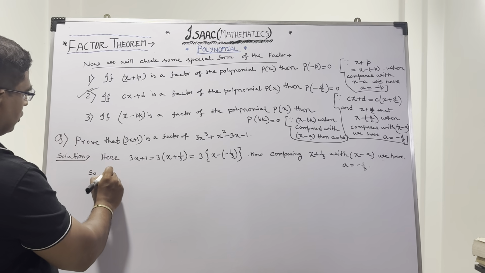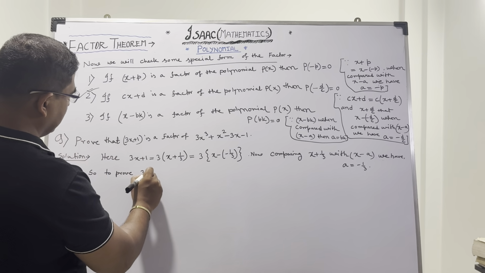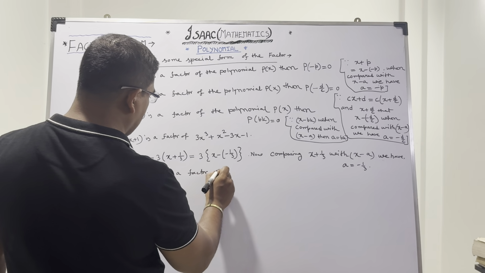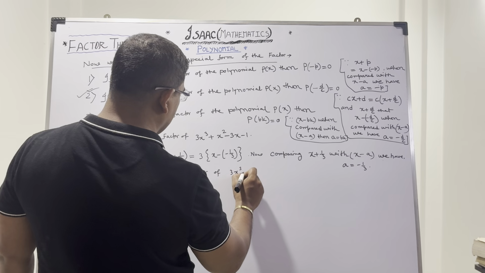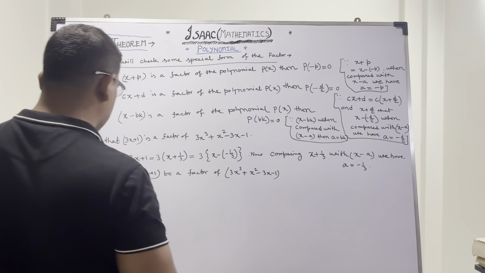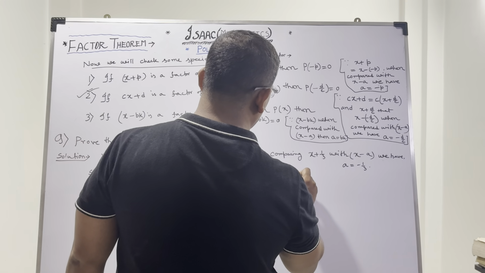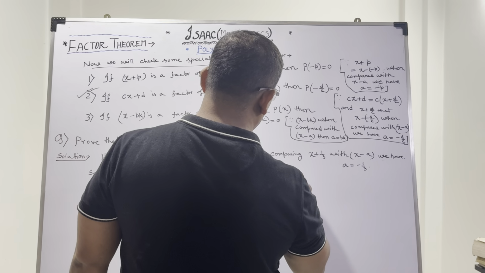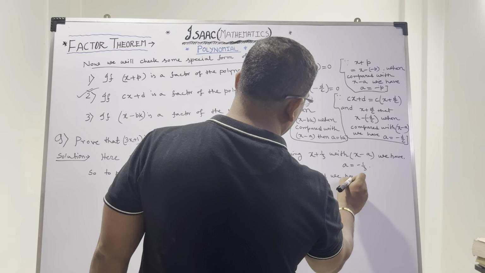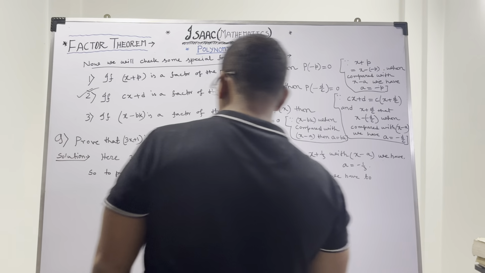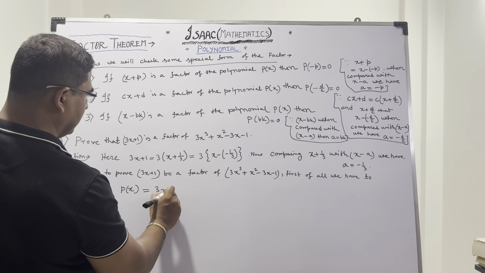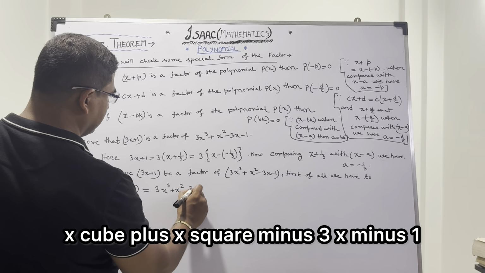So, to prove 3x plus 1 be a factor of 3x cube plus x square minus 3x minus 1, first of all, we have to let p of x equals 3x cube plus x square minus 3x minus 1.